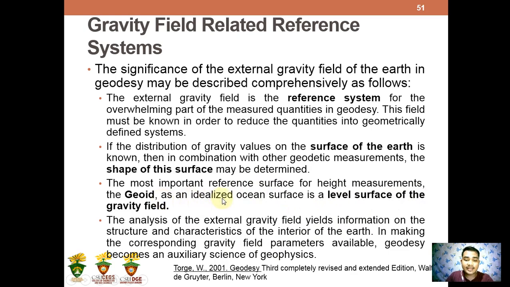This is the idealized ocean surface, a level surface for the gravity field, no? Muna siya sa geoid. The analysis of the external gravity field yields information on the structures and characteristics of the interior of the Earth, no? In making the corresponding gravity field parameters available, geodesy becomes an auxiliary science of geophysics.